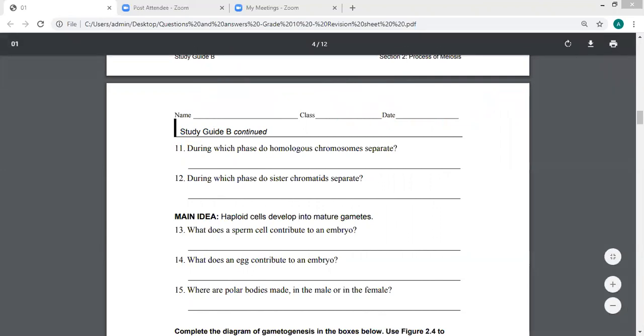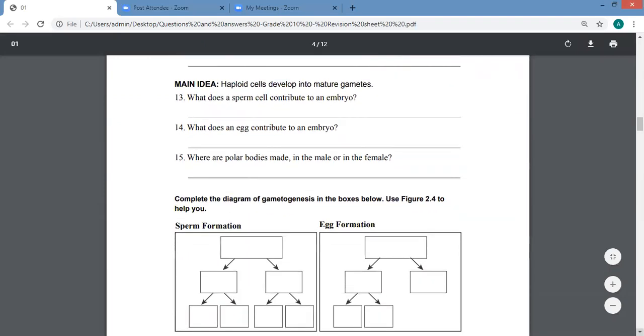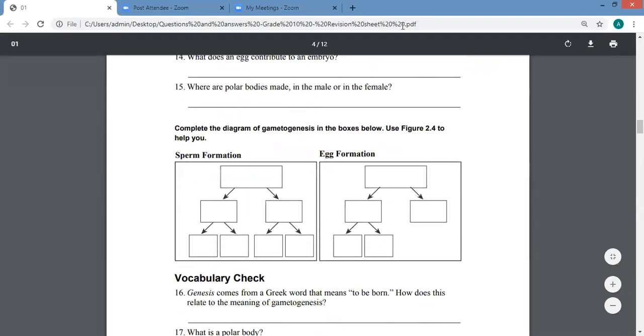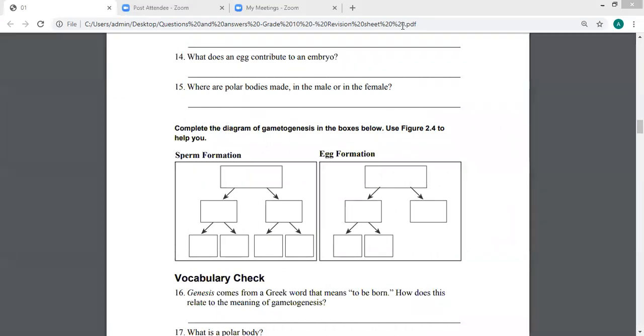Next one, number 15. I want to solve this figure, so pay your attention.